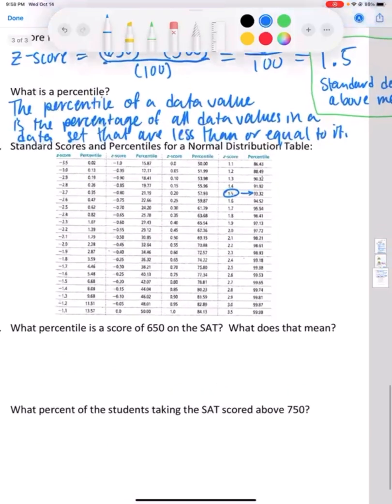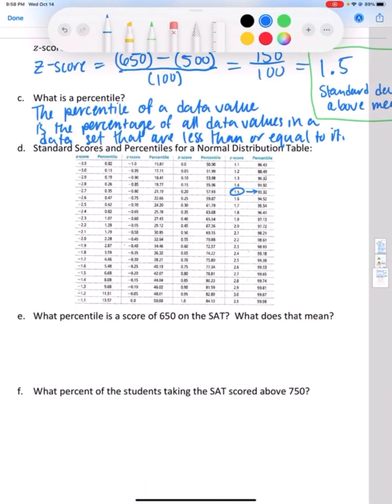So the percentile of a score of 650 on the SAT, part E here, means that an SAT score of 650 has a z-score of 1.5.